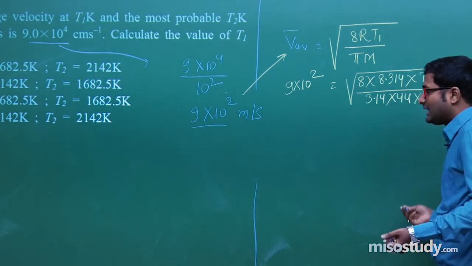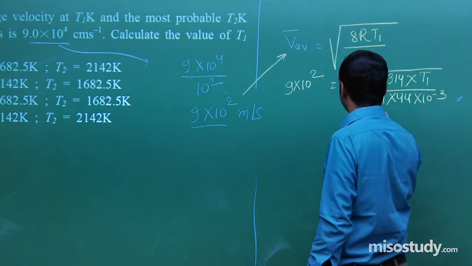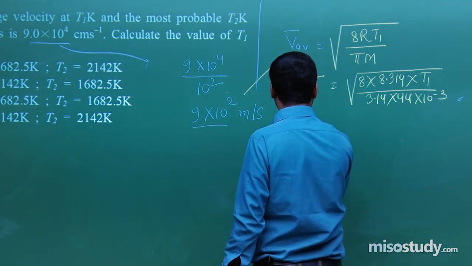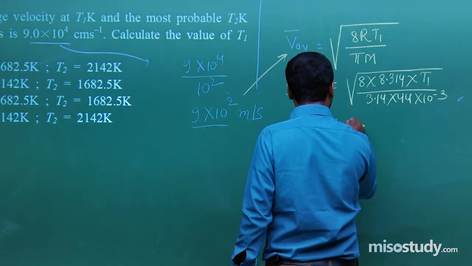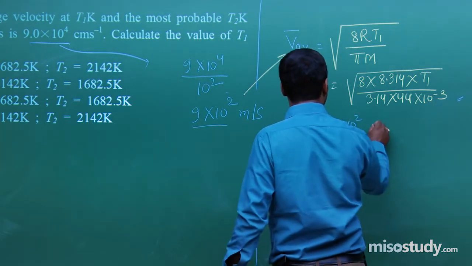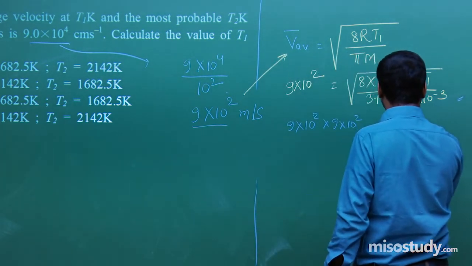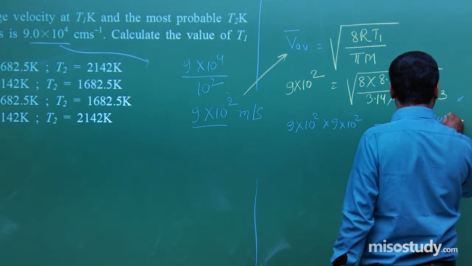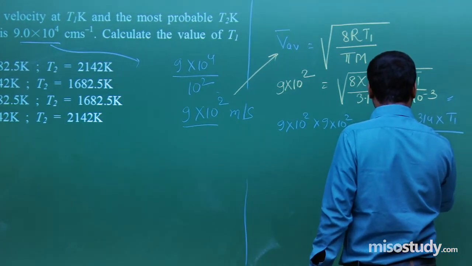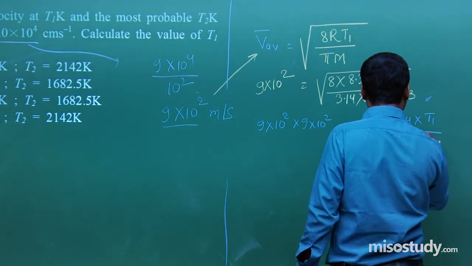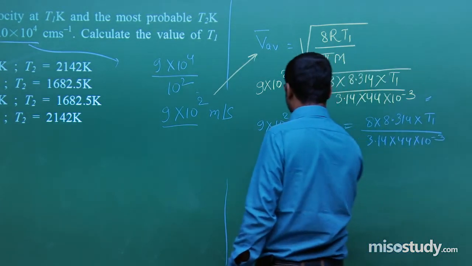Now if you solve the expression, it will happen like this: 9 into 10 to the power 2 into 9 into 10 to the power 2. Squaring both sides, then what will happen? 8 into 8.314 into T1 divided by 3.14 into 44 into 10 to the power minus 3.